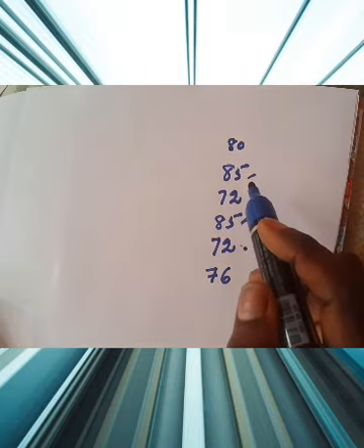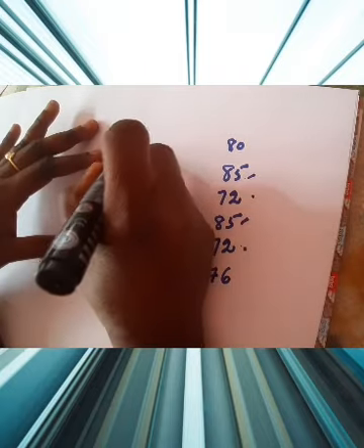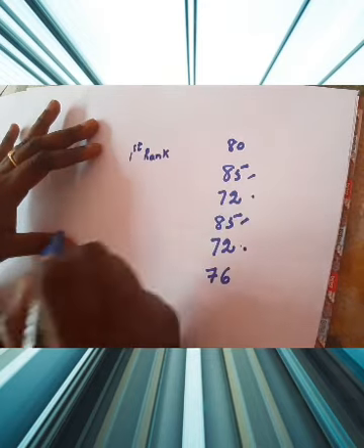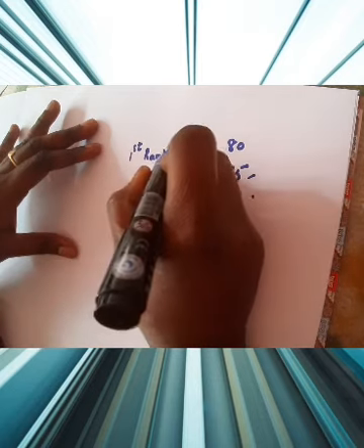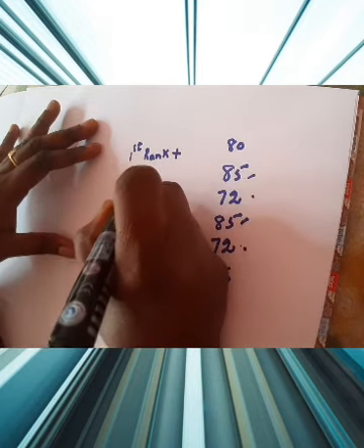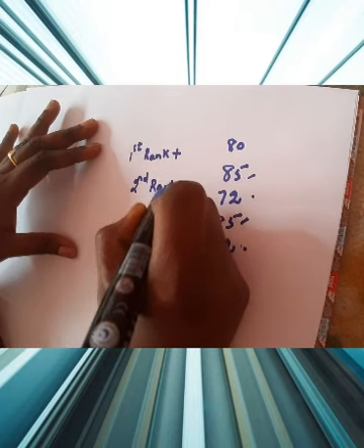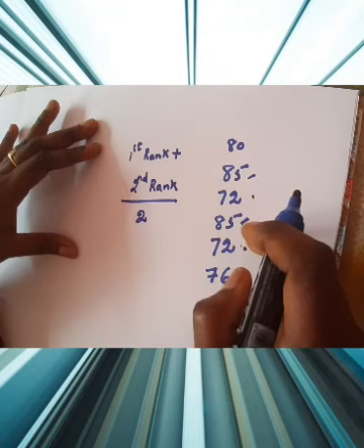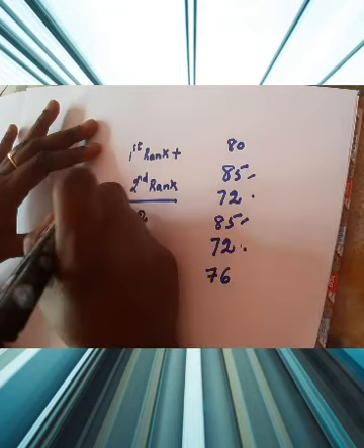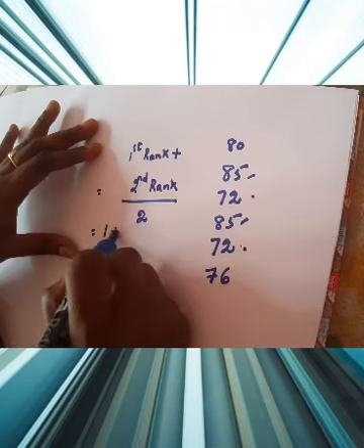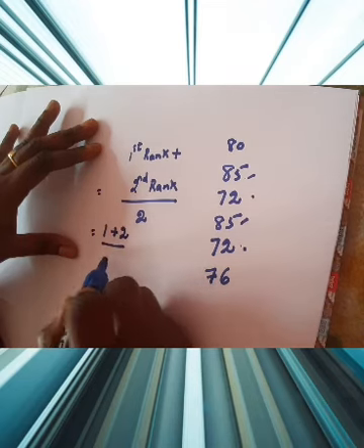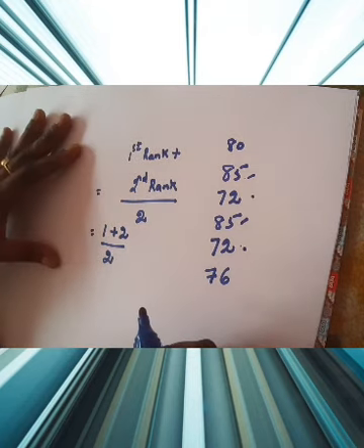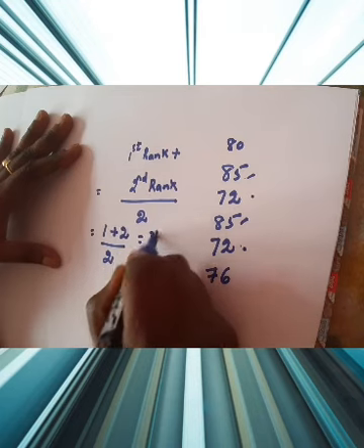For that, how we are going to calculate is first rank plus second rank divided by 2, because 85 is shared between two individuals, so which is 1 plus 2, divided by 2, because two people are sharing it. So which is 3 by 2.